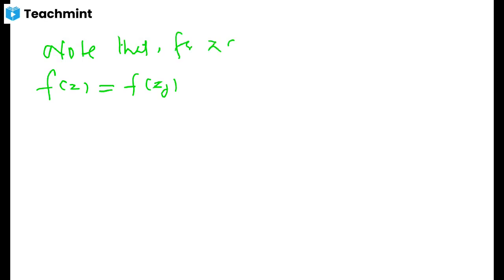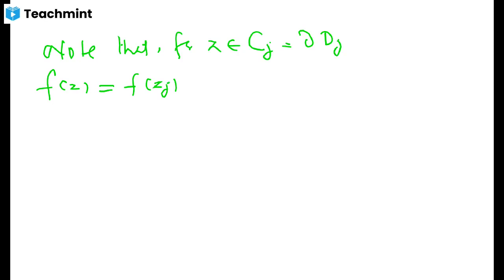Note that I can write f(z), but I have to restrict z in Cj, because what is Cj? Cj is the boundary of the square that you are considering.